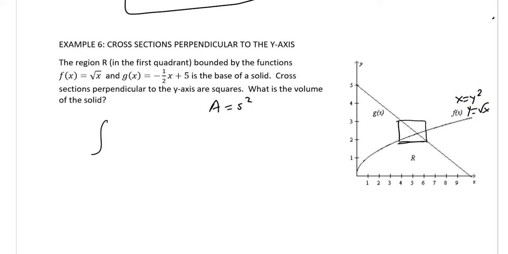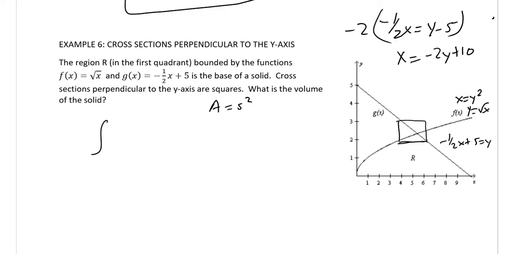This one is negative 1/2 x plus 5 equals y. So again, to solve that for x, I would subtract 5 and multiply by negative 2. So I'm going to do that up here. I'd have negative 1/2 x equals y minus 5, multiply everything by negative 2, and I get x equals negative 2y plus 10.